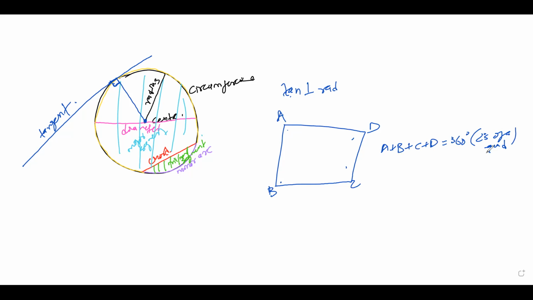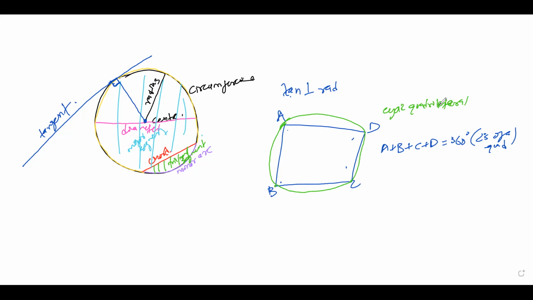Then I'm just trying to remember the other things that they don't write, but we need. And then also, if this is a quad, and these points lie on a circle, right? So if these 4 points of a quad, remember a quad needs to have only 4 sides, if those 4 points lie on a circle, that makes it a cyclic quadrilateral.